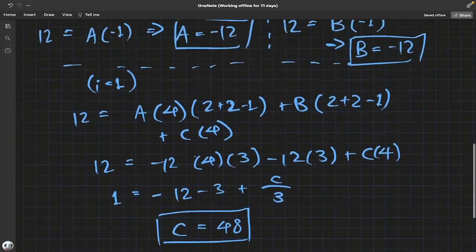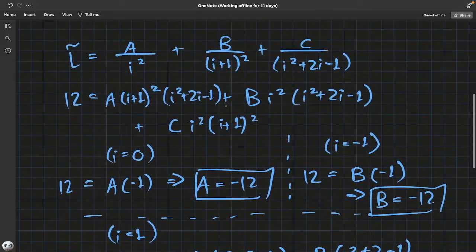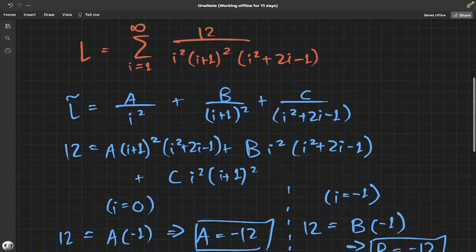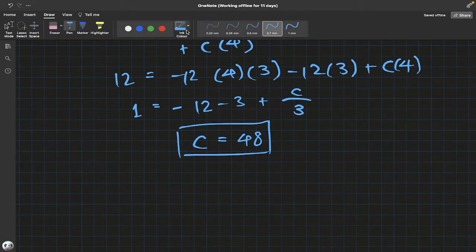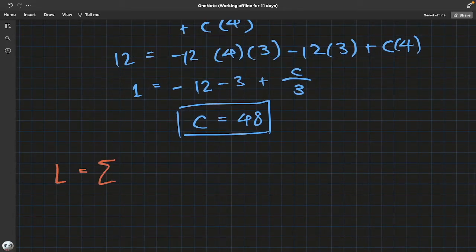Nice. We know A, B, and C, which means, and our system of equations was consistent, which means this regime of using partial fraction decomposition was indeed successful. So, now let me just revert back to our original color. We can split our infinite sum into 3 infinite sums, going from 1 to infinity each.